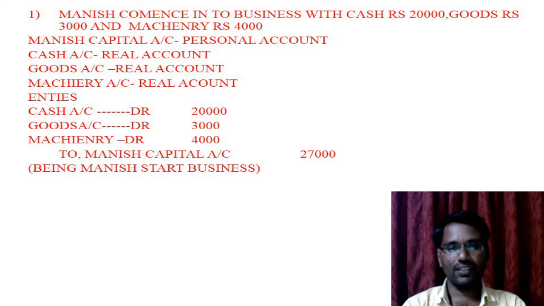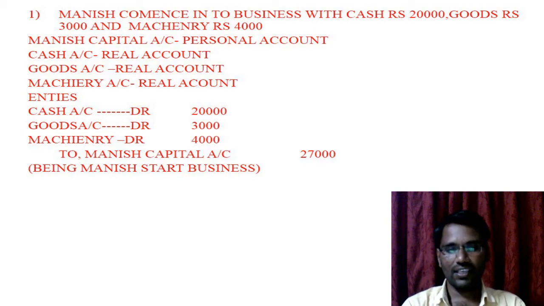When the owner of the business invests the initial amount to start the business, it is known as capital. So therefore we call it capital because Manish invests his initial amount into the business for starting his business. So here one of the accounts is Manish capital.